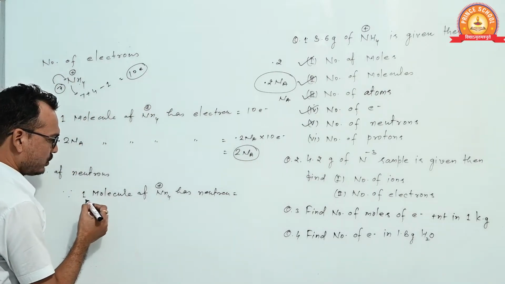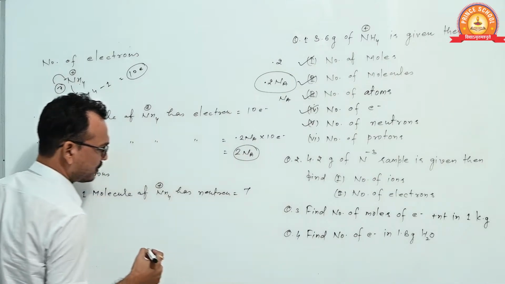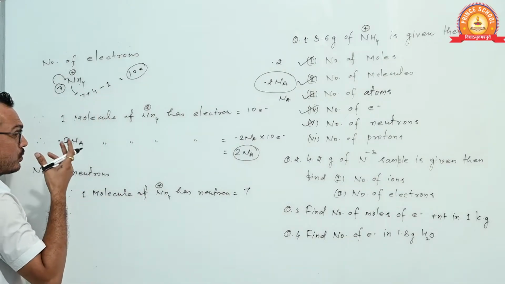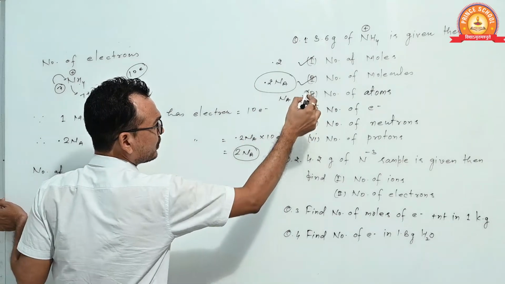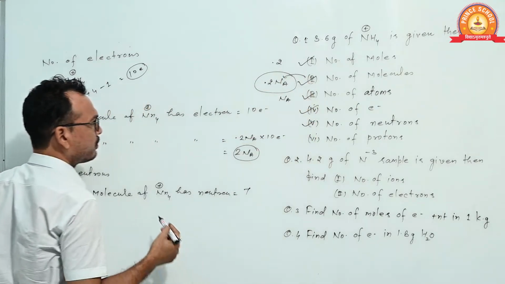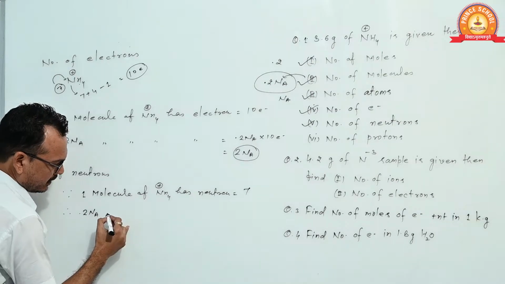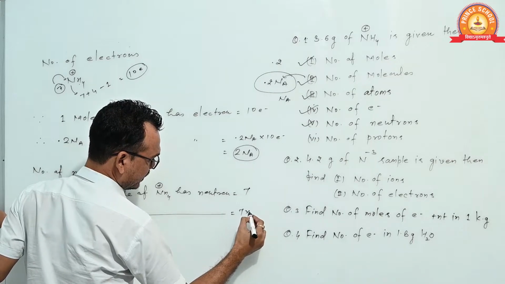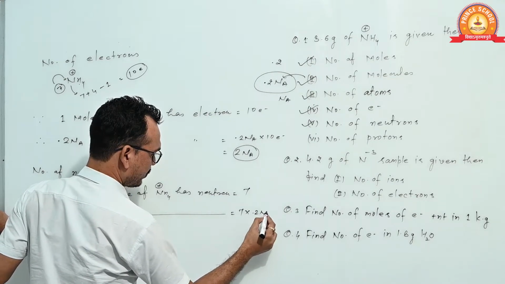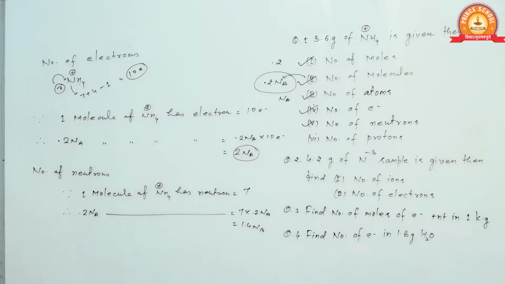So we can say one molecule of NH4 plus has 7 neutrons. What is the number of molecules? The number of molecules is 0.2 Na. So 0.2 Na molecules of NH4 plus has 7 into 0.2 Na, which gives 1.4 Na neutrons.